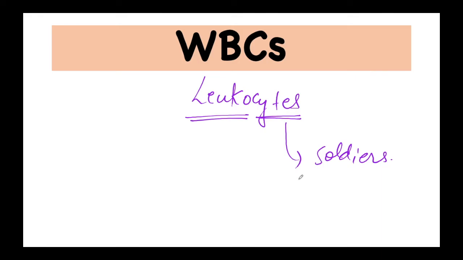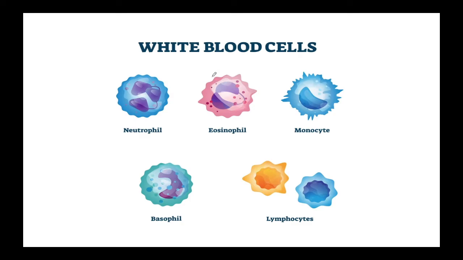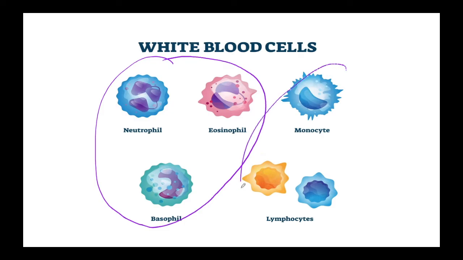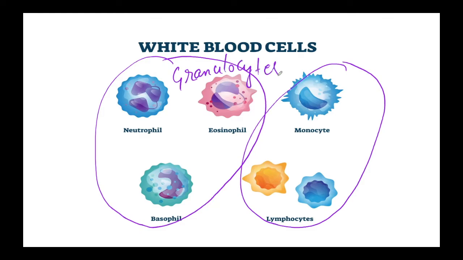So there are some subtypes of WBCs also. WBCs are divided into two parts, granulocytes and non-granulocytes. These three are the types of granulocytes, and monocytes and lymphocytes are the types of agranulocytes. I'm writing here granulocytes and non-granulocytes.